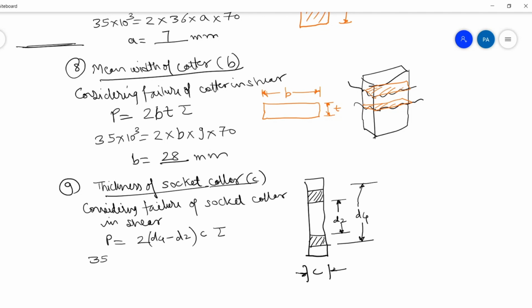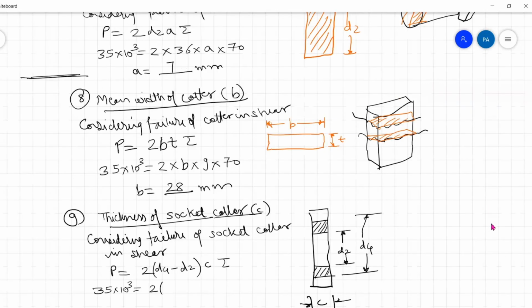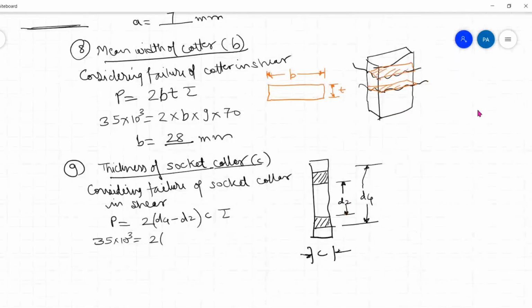So 35 into 10 raised to 3 equal to 2 times D4. We found out how much? 72. D2 is 36, C is unknown, tau is 70. So after substituting all the values, you will get the value of C as 7 mm.